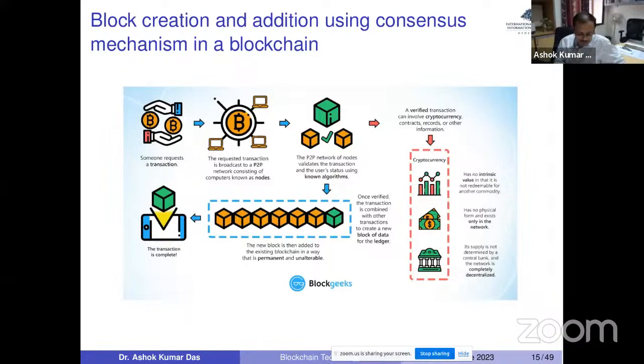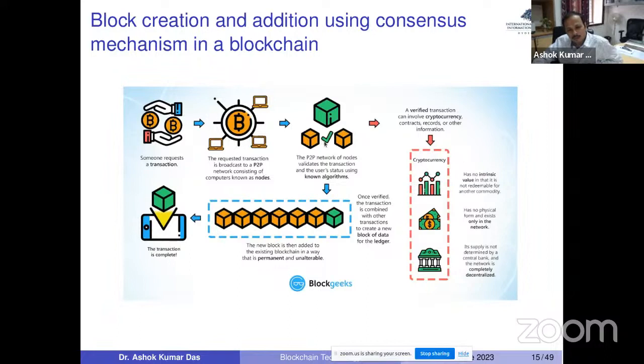So this is a typical example before going to the applications. Suppose in the case of Bitcoin, someone requests a transaction in terms of Bitcoin. So Bitcoin needs to be mined using some consensus algorithm.